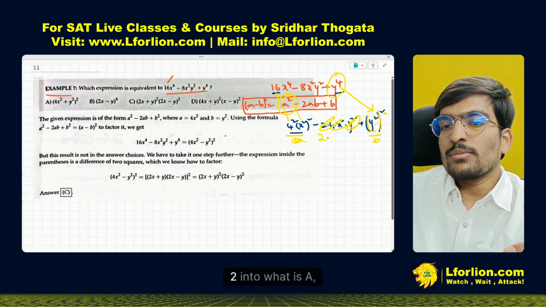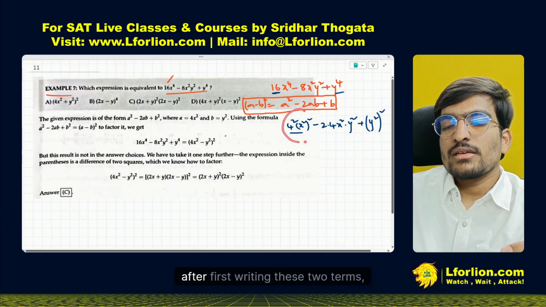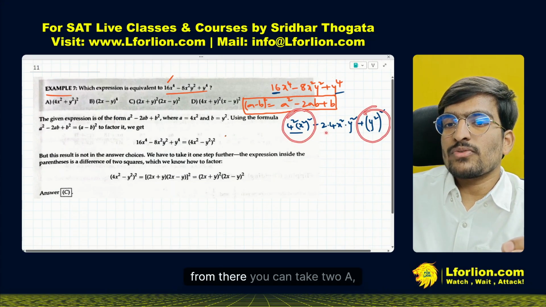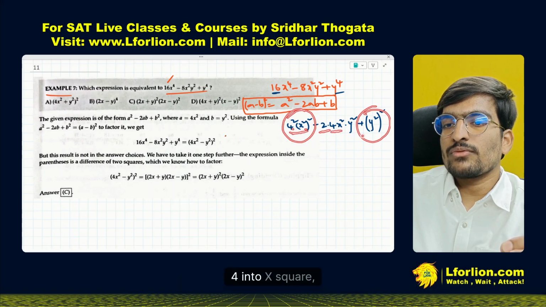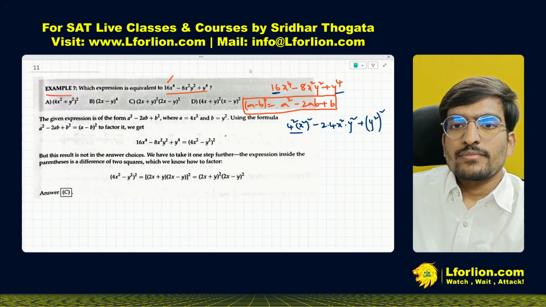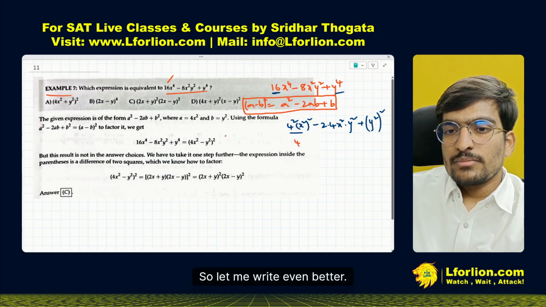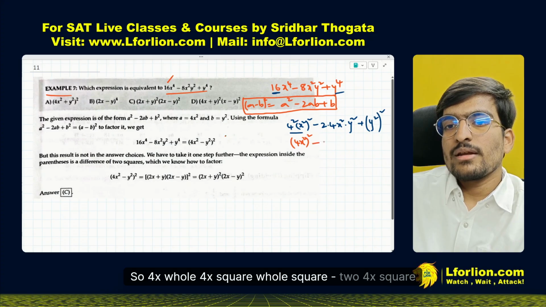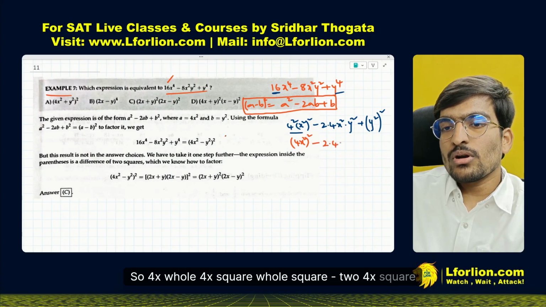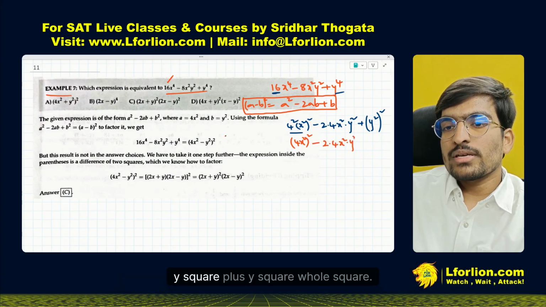So for 2ab, 2 into a, which is 4 into x square, and b is y square. Let me write it even better: (4x square) whole square minus 2 times 4x square times y square plus (y square) whole square.